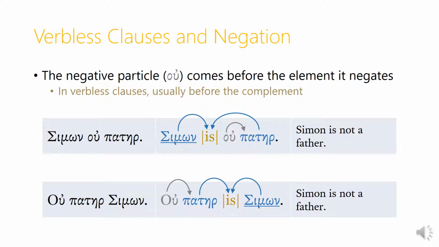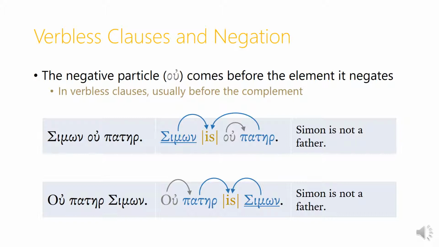So if we want to negate the sentence Simon pater, Simon is a father, we want to say Simon is not a father, so pater is the complement, Simon is the subject. We're going to put ou in front of pater then, because it's the complement, and we get Simon ou pater.